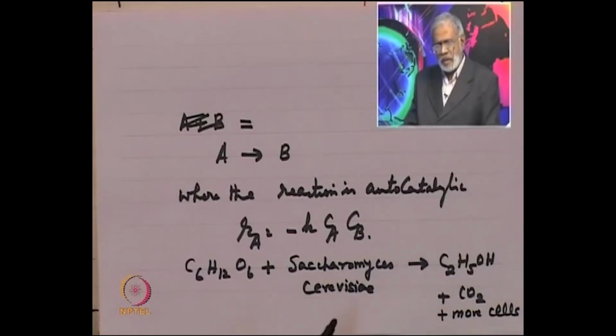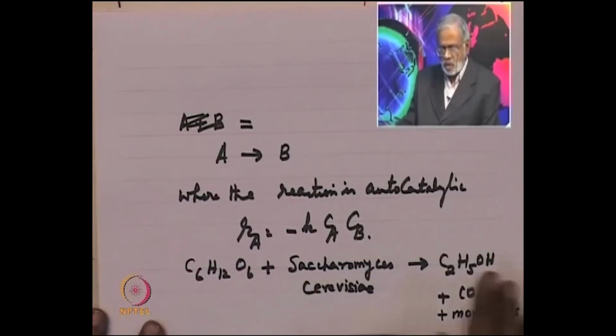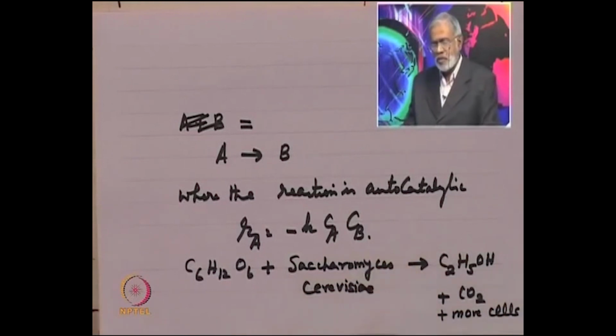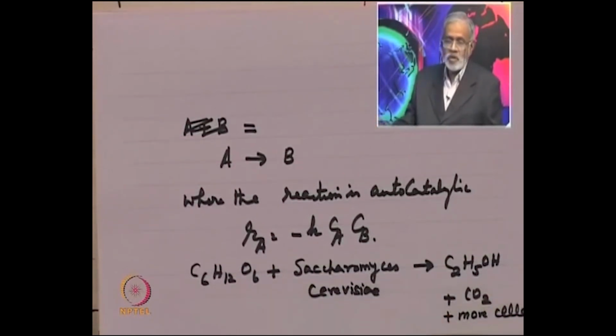Or alternatively, as more and more cells are formed, they are able to catalyze the reaction in the forward direction. So, this is a good example of autocatalysis, in which the addition of the product, the cells, enhances the rate of the forward reaction.